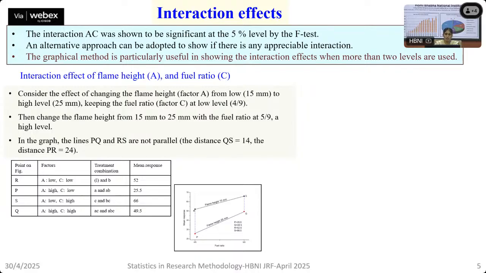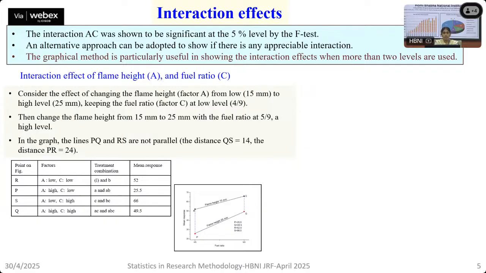Definitely, flame height has got a negative impact on the response function, absorbance value. Whereas if you go from 4/9 to 5/9, that fuel to oxidant ratio, you see that the line is having a positive slope, upward slope. Definitely, it is having a positive impact on the final response function.